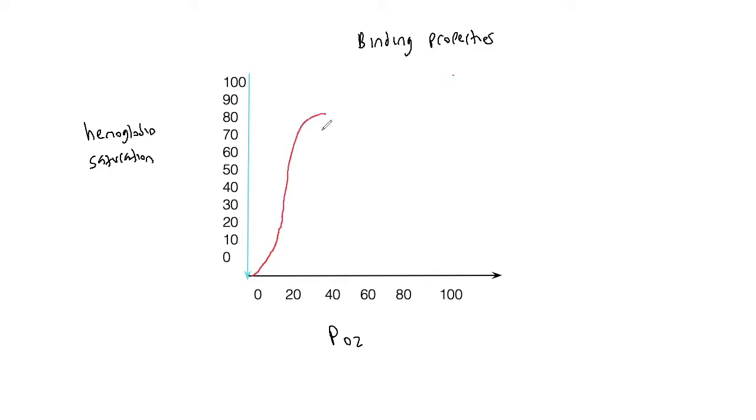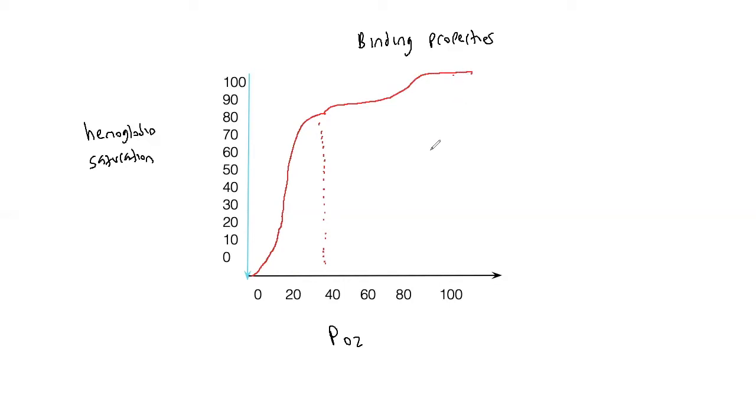In fact, at a partial pressure of just 40 millimeters of mercury, you can have 80% of the hemoglobin contained in one red blood cell fully saturated. And we see that as you increase the partial pressure, then it's going to slowly increase until it reaches saturation, which is 100 millimeters of mercury.